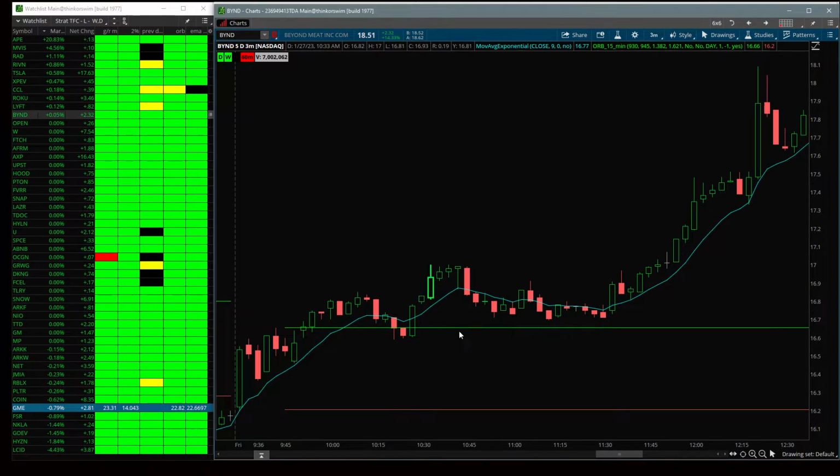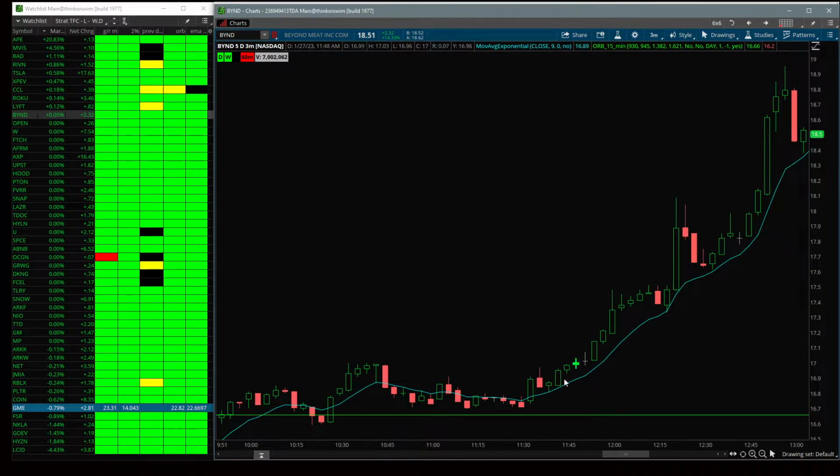It's not a foolproof system. There's always exceptions, but generally speaking, when the 9 EMA crosses ORB, we do get a continuation of the move. And the price did come back down a little bit, not too far, but it did come back down and then work back up. The EMA never crossed back down. And the bigger move happened later in the day, around 2 hours in. That's when it really started to take off.